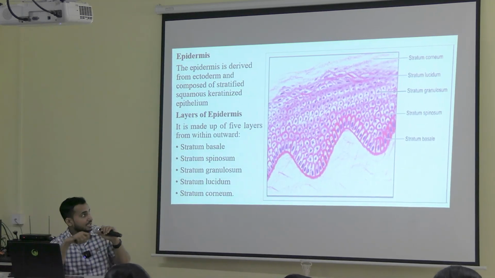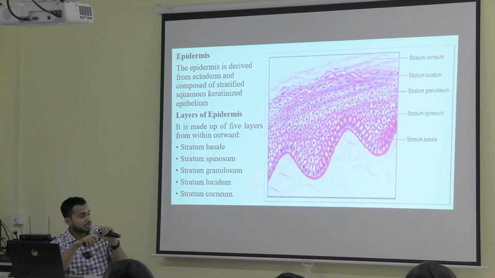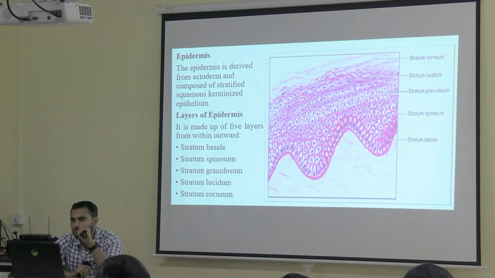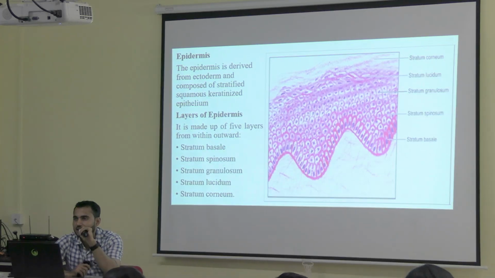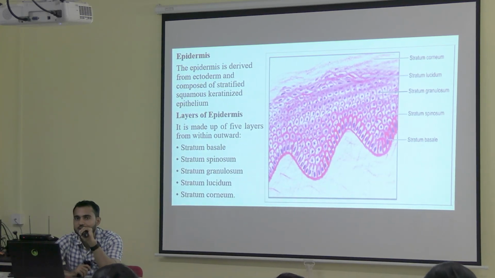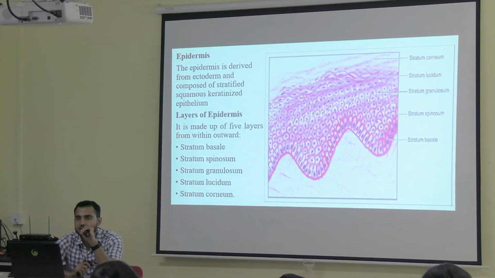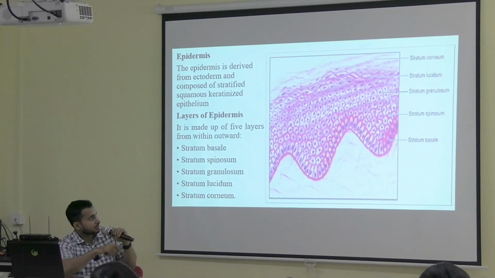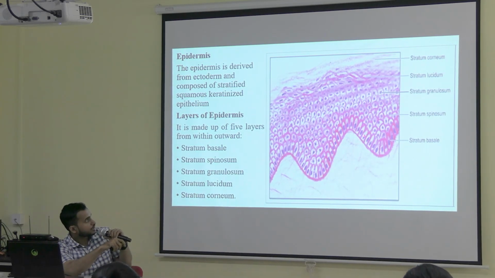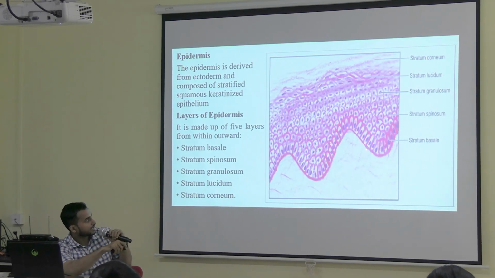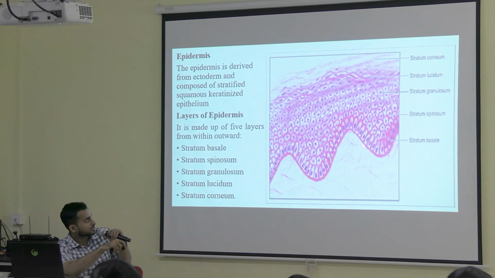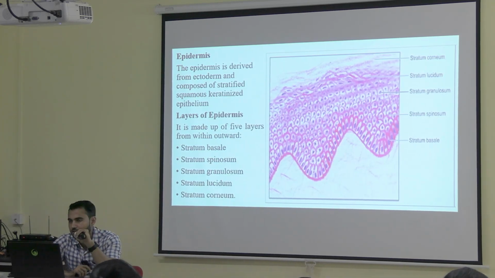It is the deepest layer, as you can see. Now what is the shape of these cells? These are cuboidal or low columnar cells, and they are resting on a basement membrane. As you can see, the basement membrane is present.